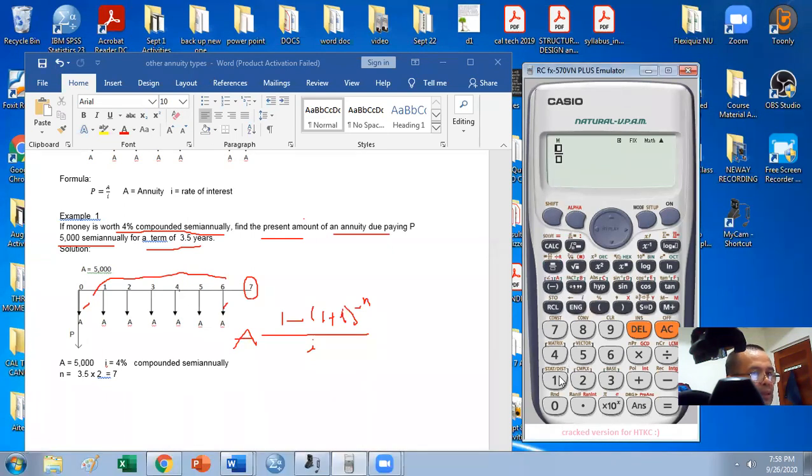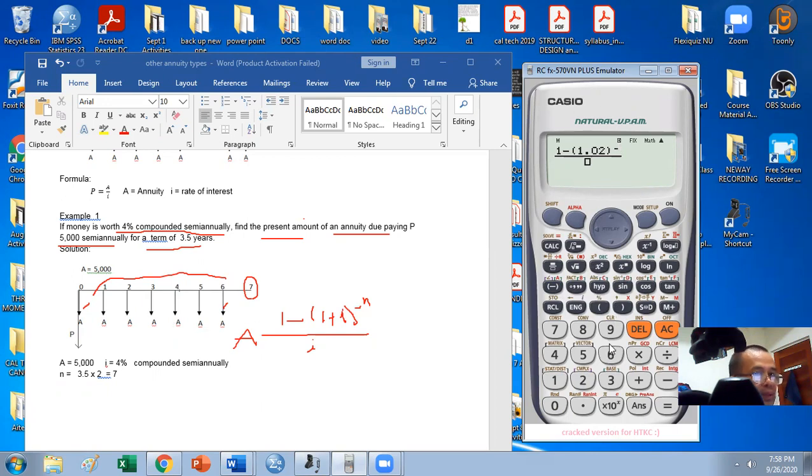This is 1 minus 1.02, that is 4% compounded semi-annually, raised to the negative. Ilan lahat yan? 1, 2, 3, 4, 5, 6. Hindi kasama yung A doon.